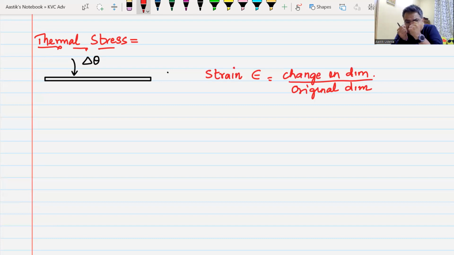Now, whenever a body is strained, that means the length has been changed, or the area or volume has been changed, or the shape has been changed. It will try to come back to its original position. Yes or no? Yes, sir. That property of the body is known as, huh?